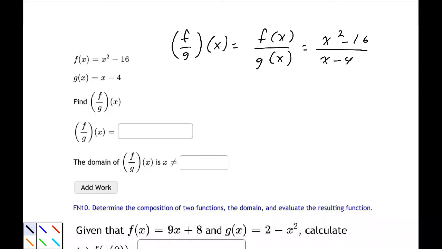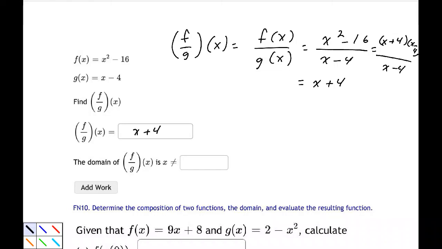Now, x squared minus 16 factors as x plus 4, in parentheses, multiplied by x minus 4. That's still over x minus 4, but we might notice that something simplifies there. The x minus 4 is a common factor, so this is equivalent to x plus 4. That is my first box. Okay, f divided by g of x is x plus 4.